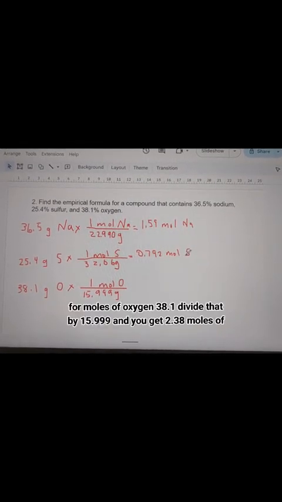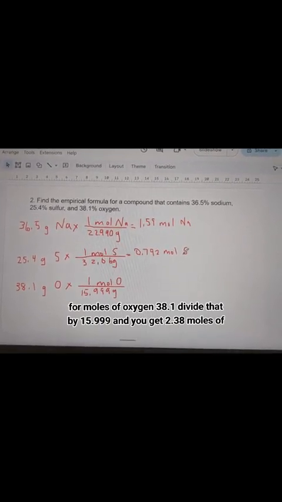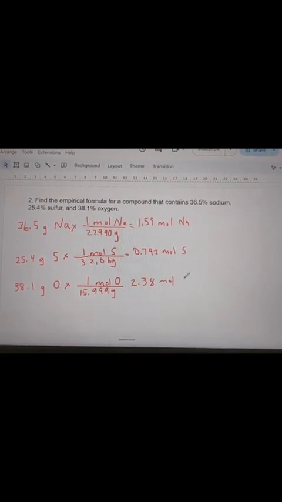The moles of oxygen, 38.1, divide that by 15.999, and you get 2.38 moles of oxygen.